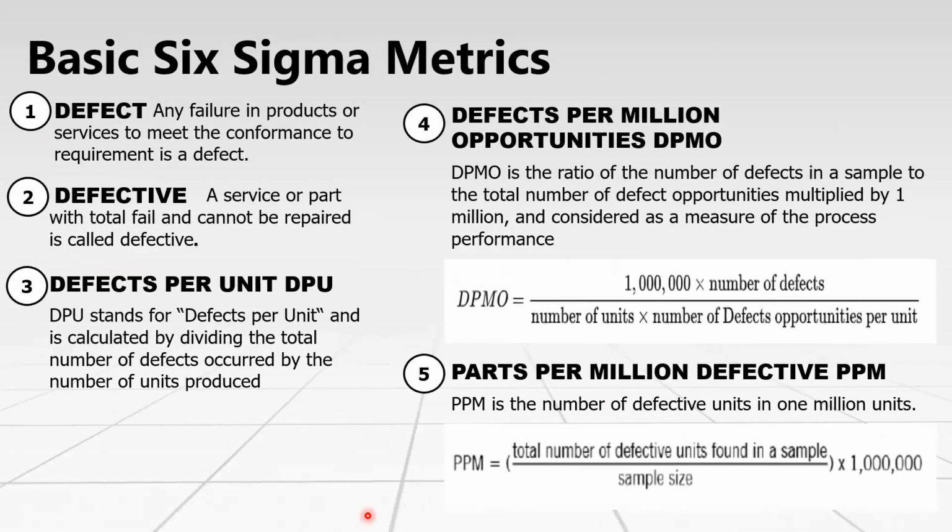There are some basic Six Sigma metrics that we need to understand. The first one is the defect, and a defect is any kind of failure existing in the product. A defect is a non-conformance to the customer requirement. A requirement means the requirement of the customers, and the customers, as you know, are classified as internal and external customers.